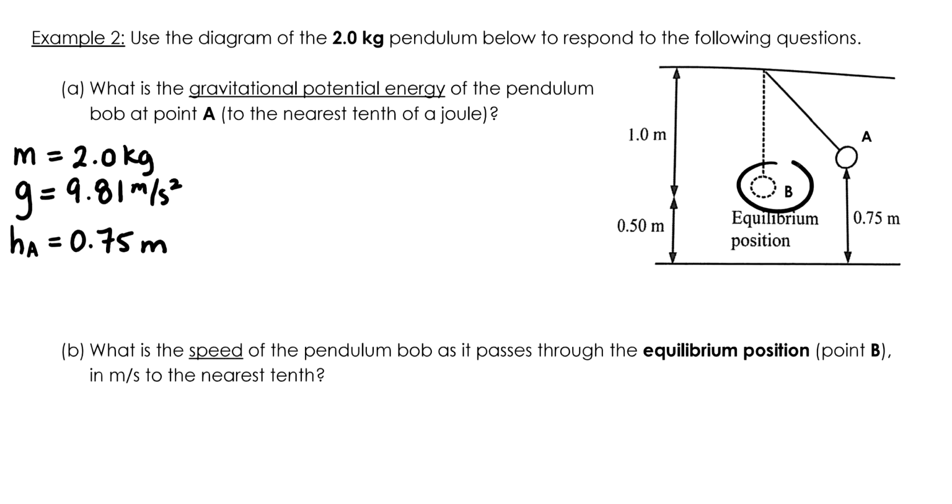How high is the pendulum at the equilibrium position, or point B? Well, this question has some information that we actually don't need in it. We call this 1 meter a red herring, which just means that it's information we didn't need. All we care about is how high above the ground the pendulum is. So at point B, that's 0.5 meters.